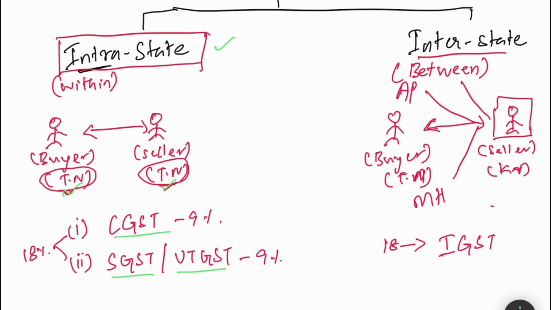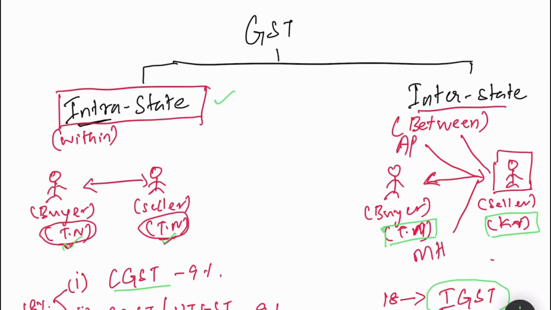That's it. In case buyer and seller are in two different states, then the seller will collect the tax and deposit it entirely in the IGST account. This IGST will be shared between central government and respective state governments with their share of revenue. These are the categories of GST.